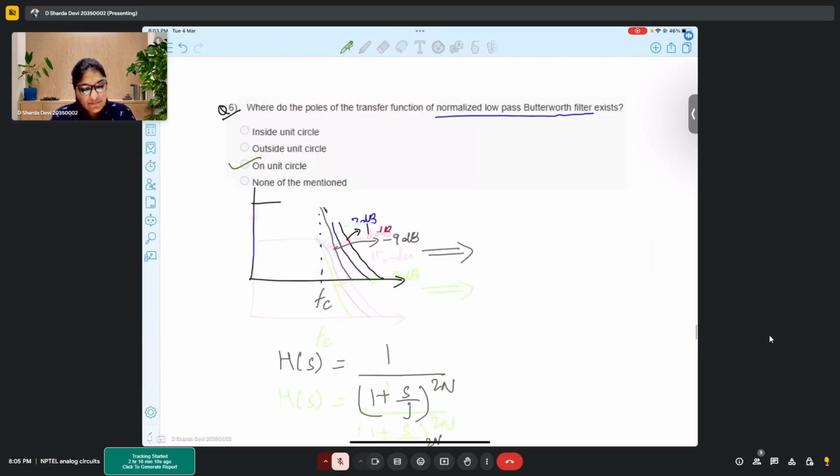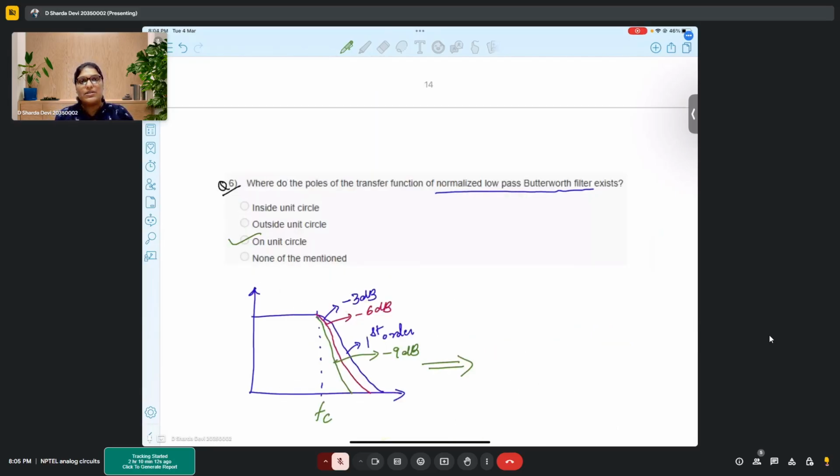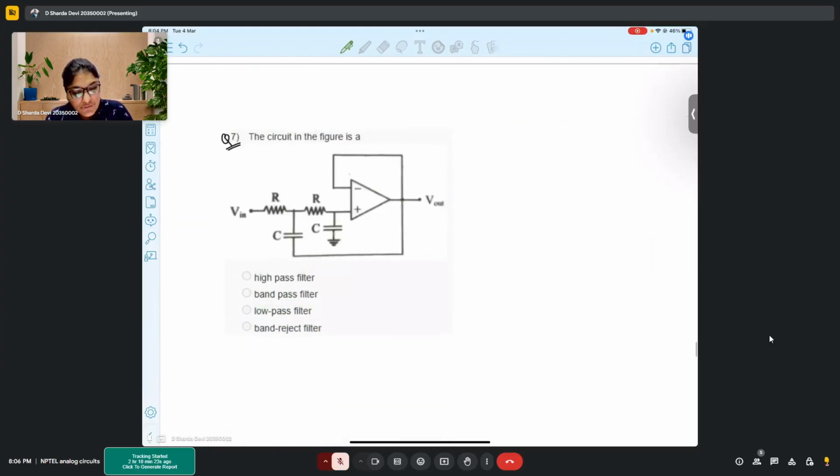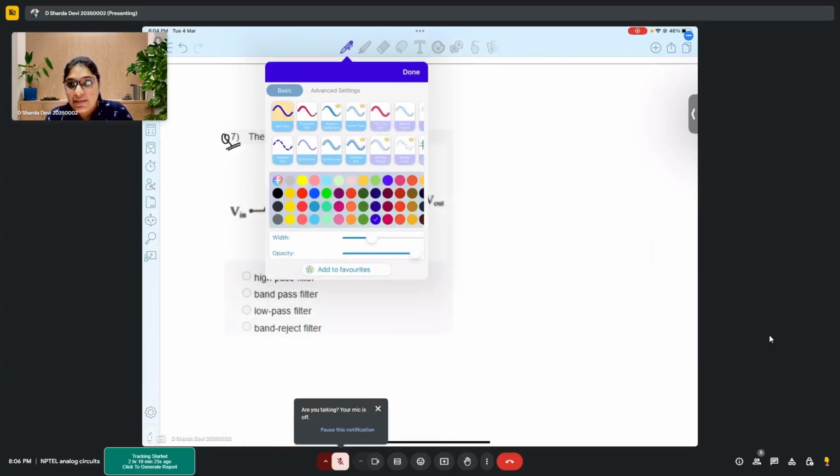This is basically what is meant by a normalized Butterworth low pass filter. Since it is normalized, its poles lie on the unit circle. This is the only idea. Moving on to the next problem.